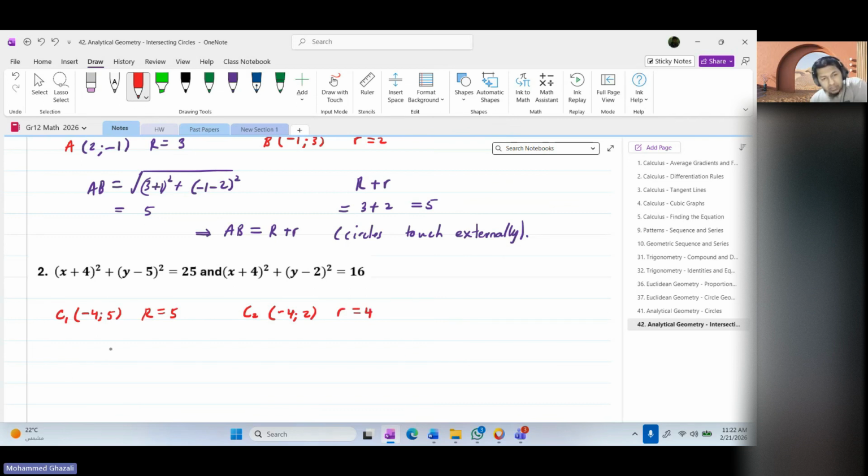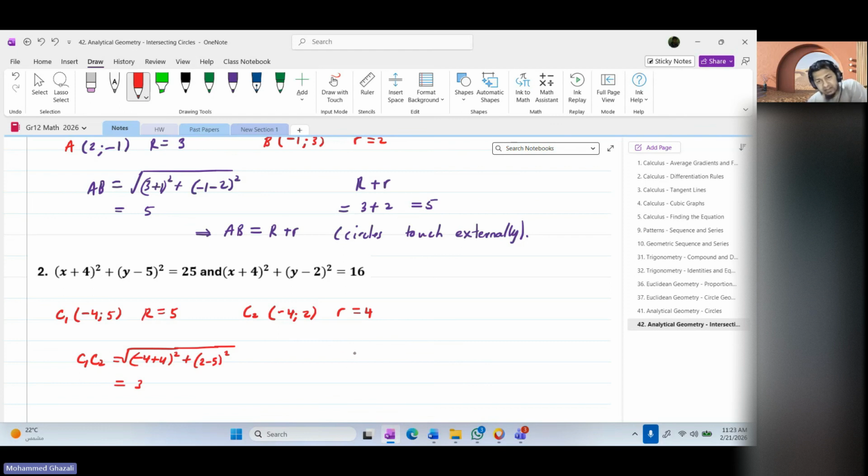Now what is the distance between the centers, C1C2, which is equal to the square root of (-4 plus 4) squared, which is 0, plus (2 minus 5) squared. So that's just going to give us 3.